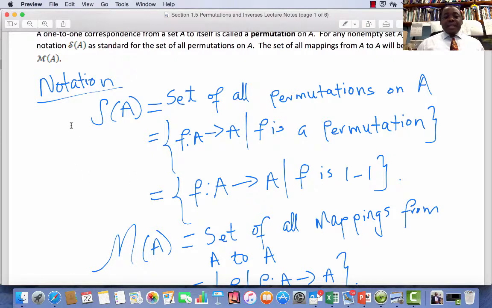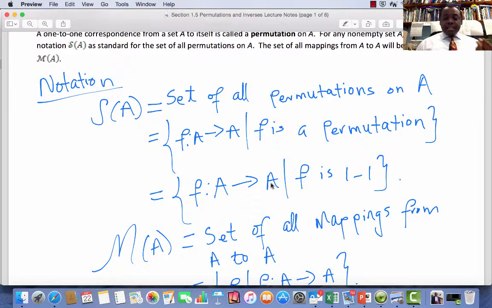So if an element F is in SA, remember elements in SA are mappings, not X or Y, mappings. So F is in SA if and only if F is one-to-one.